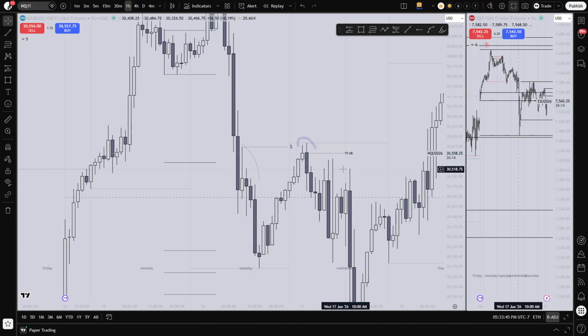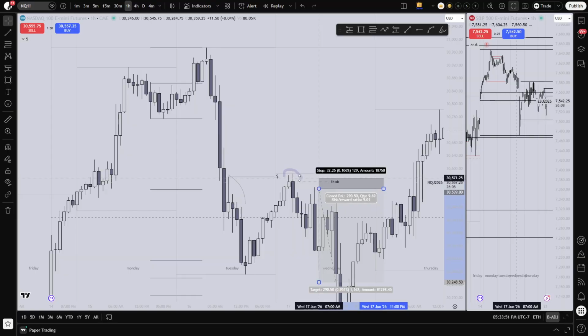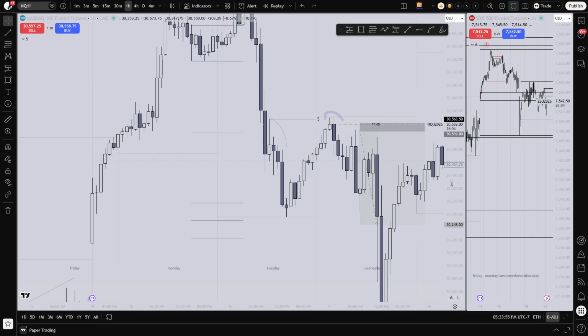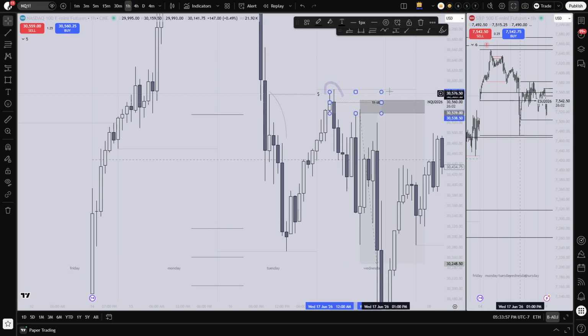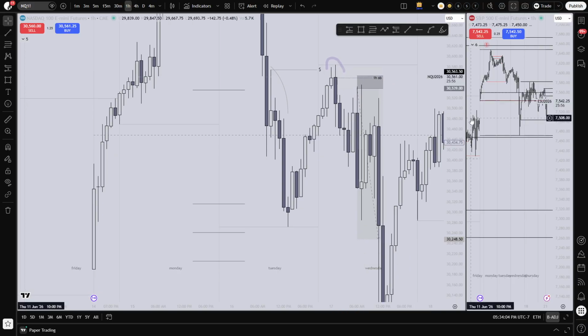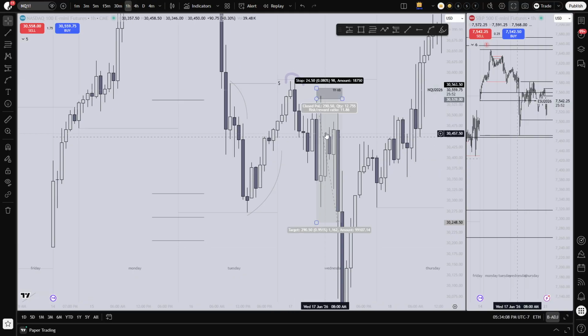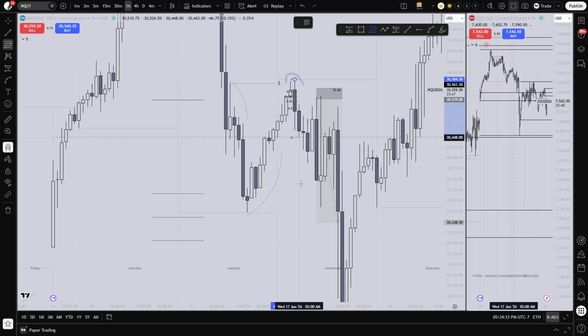So now that we have this, you could have either shorted right here, right at the OB, and then just stop at the low or the high, whatever you want to do. Personally, I would have just put it right here, because since this OB was protecting it, I wouldn't want to see it go higher or even go for the RB, mainly just because we have all this as well, and we just made a huge displacement candle, and we rebalanced this range right here.